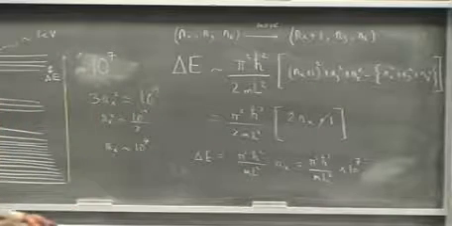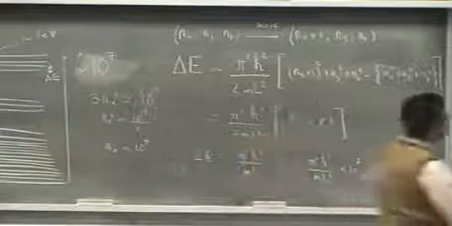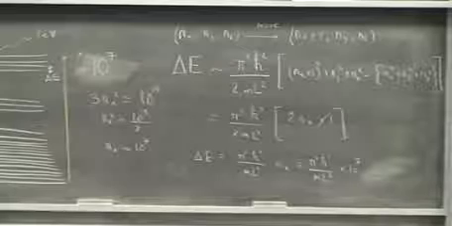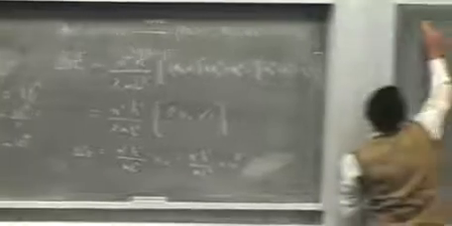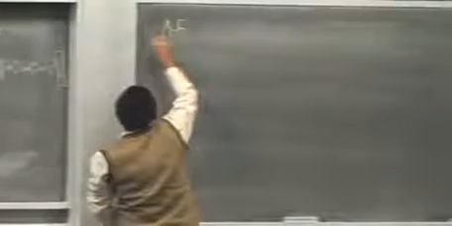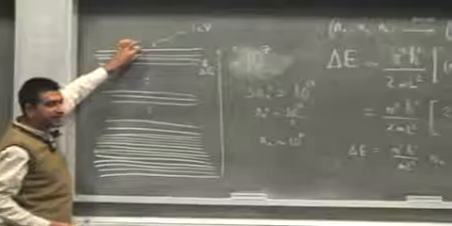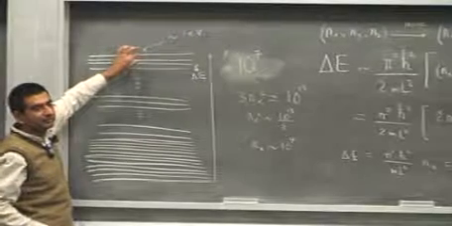Now what I really need is this energy separation delta E divided by the total energy, which means how large is this energy and how much is this energy spacing.